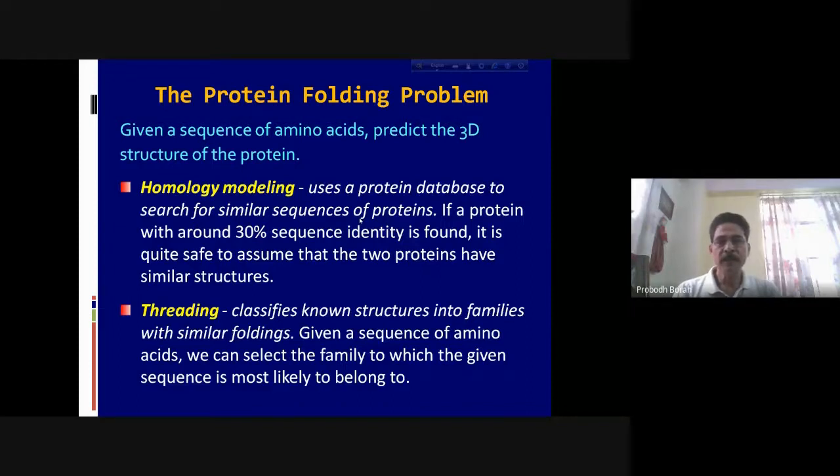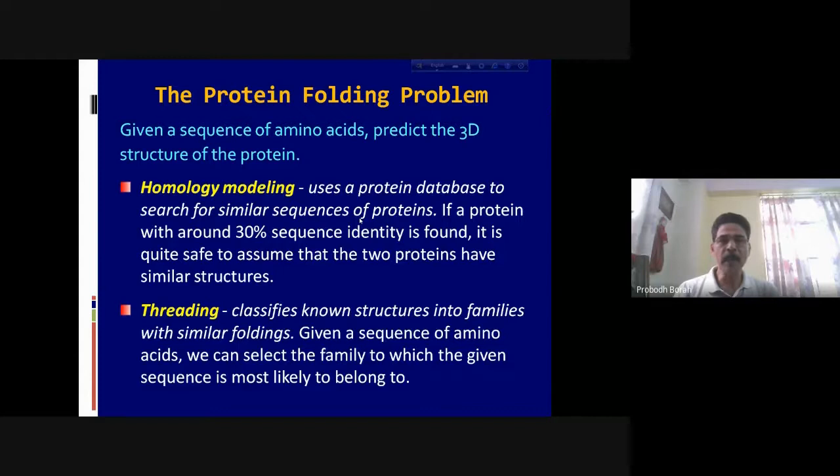So if a particular unknown protein belongs to a particular family in terms of their physicochemical properties, then we can predict that their three-dimensional structure will also be similar. So if it belongs to a particular family of protein, if the three-dimensional structure is not structurally determined by X-ray crystallography or the NMR spectroscopic method, we can predict the structure of this unknown protein if the structure of some other related proteins in the same family are known.